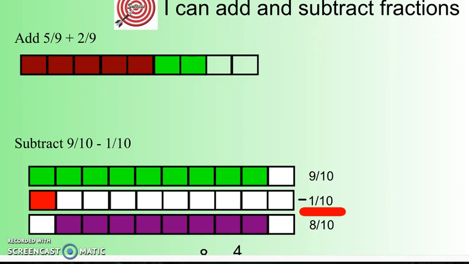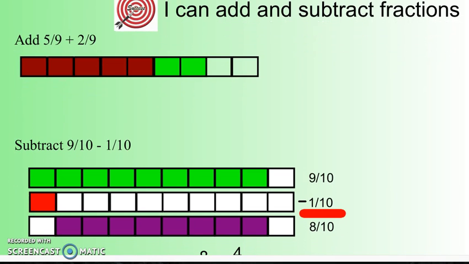Okay, so here's another model. This is a different model. This is a subtraction model. And what I want you to notice is that all 3 of these rectangles are separated into the same number of equal parts. And how many parts is that?